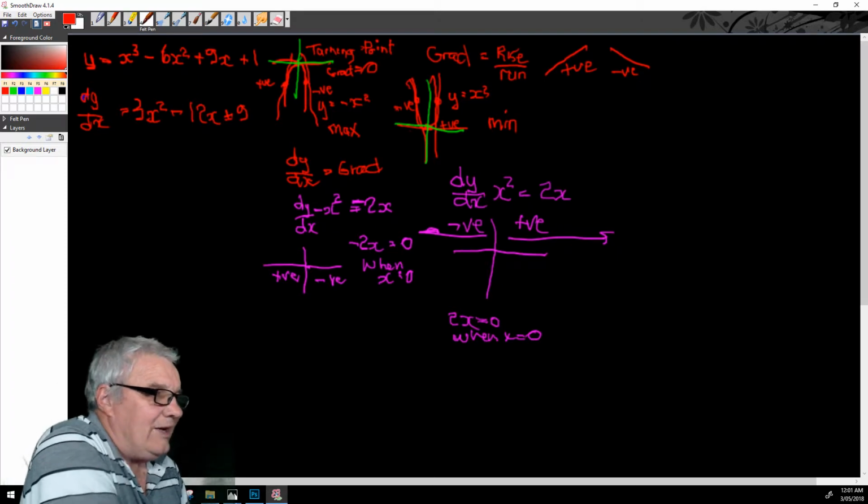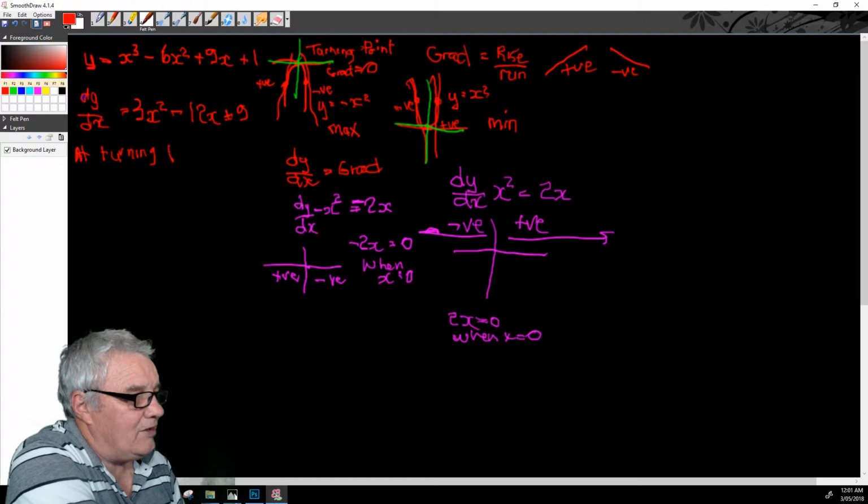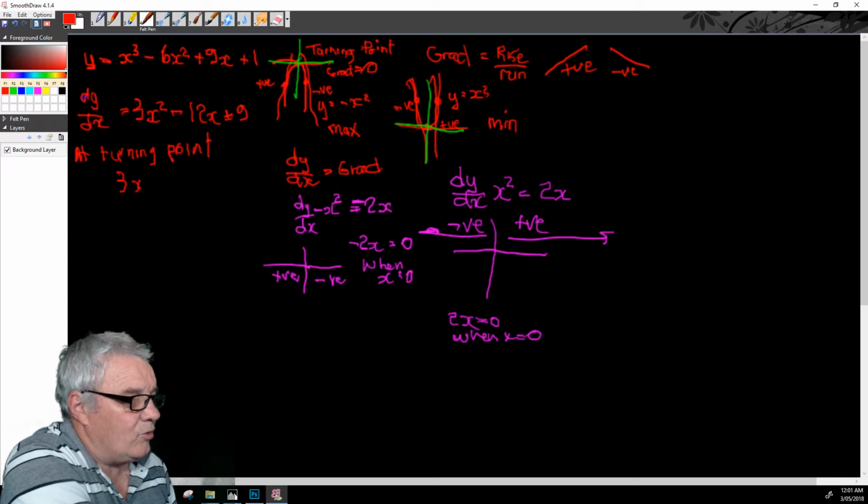So at a turning point, or stationary point, the gradient equals 0. So we get 3x squared minus 12x plus 9 equals 0.